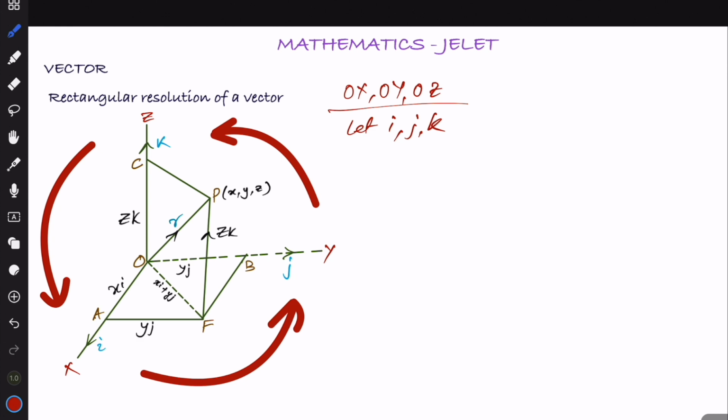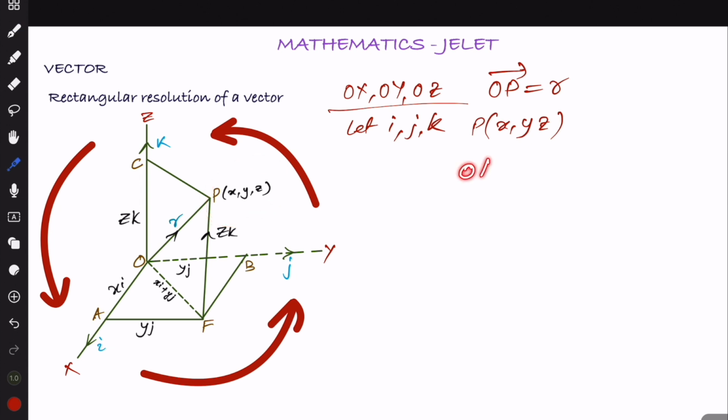Now if we consider OP, then it is nothing but R. As you can see, OP is R, and the coordinates of P are X, Y and Z. We have already assumed this within the diagram.